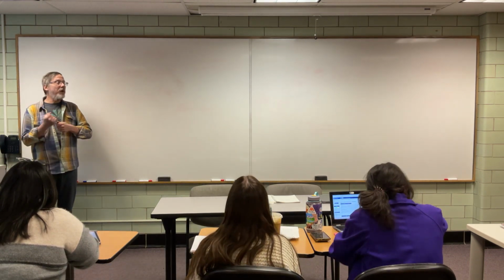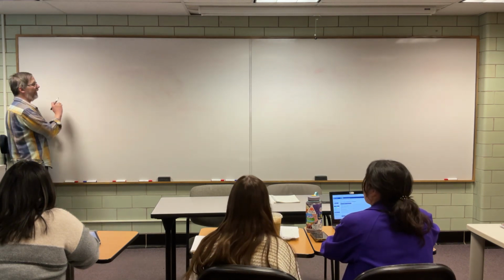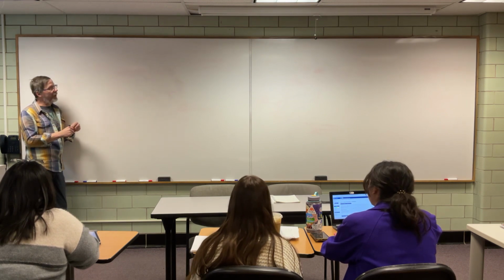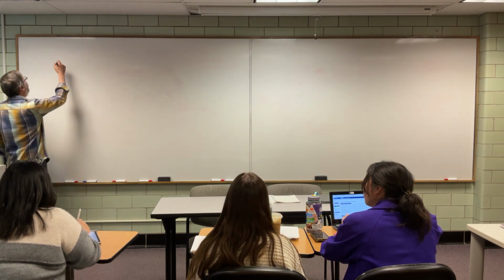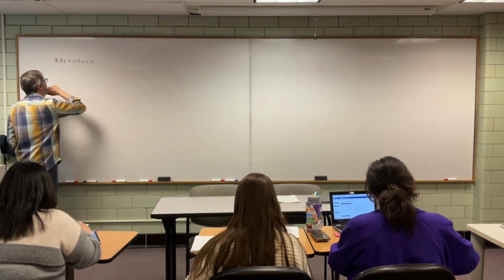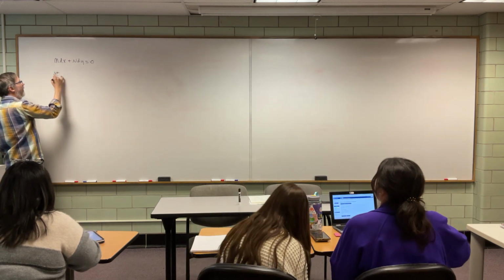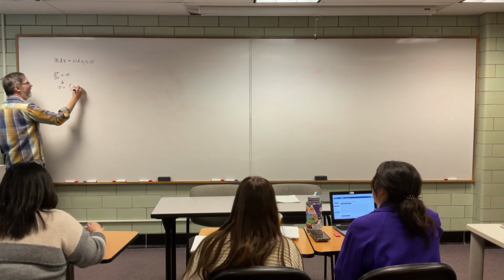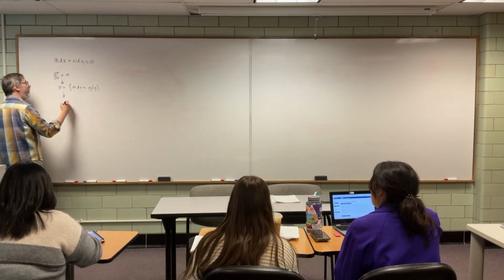So one thing I do want to comment on is that process, and then we can work on the web work or finish it up or take questions on it. The process, the way I showed you: you start on one side and you assume this, and then you integrate, and you get this, and you put your g of y there, and then you differentiate with respect to the other variable.